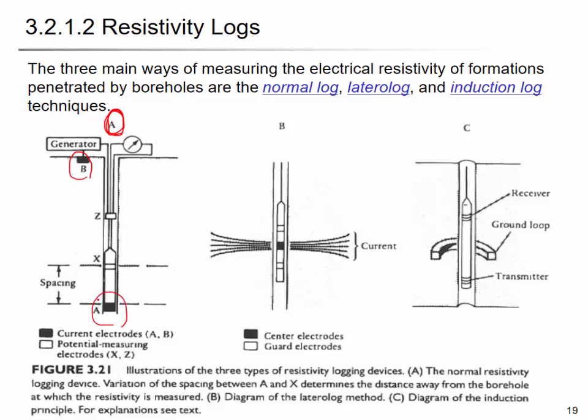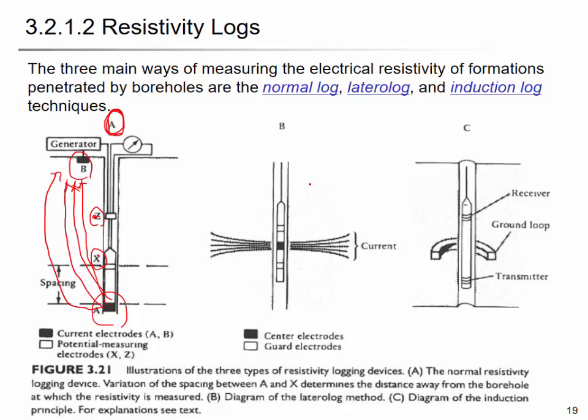You have a battery that generates the current. So then you will have current going somewhere in this direction, and from the X and Z electrodes, you measure the potential in between.